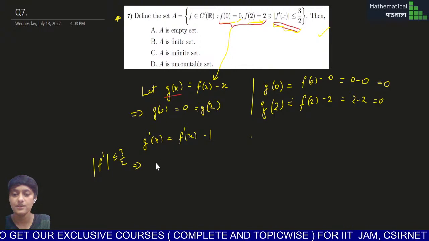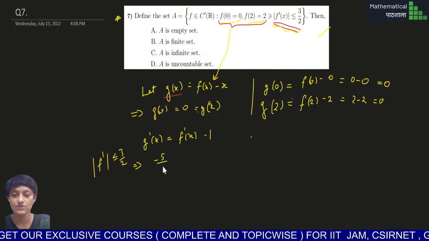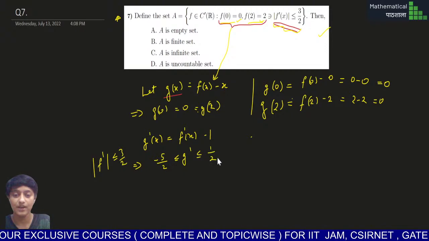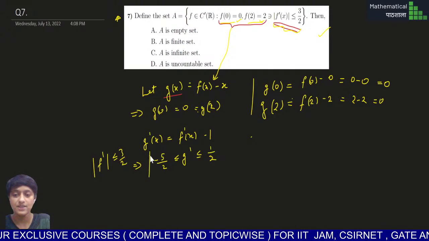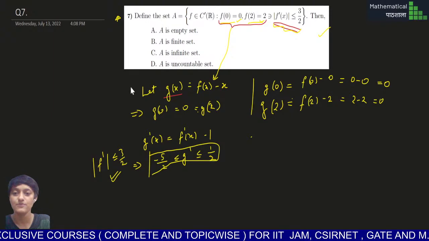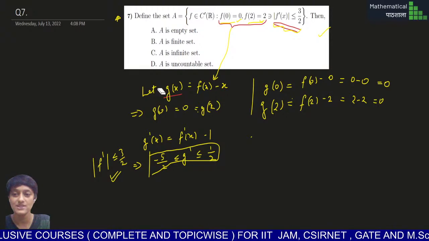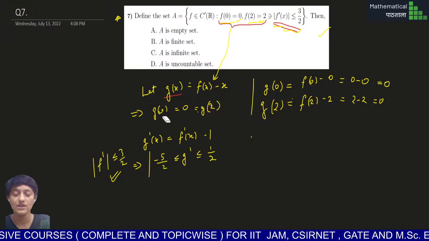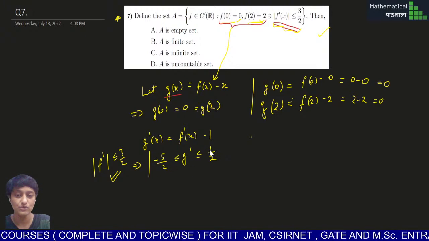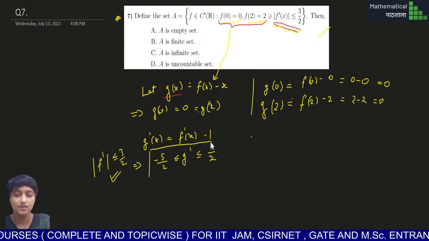This implies that f' lies between minus 3/2 and plus 3/2. So where will g' lie? g' will lie between minus 5/2 and 1/2, correct? Am I correct?